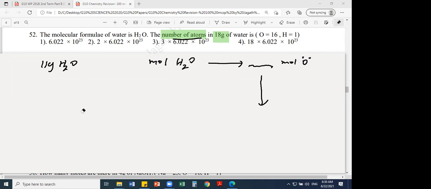What is the first step? Convert 11 grams of water into moles. Always remember, when you are given grams, before you find the molecules or atoms, first you should convert this into moles.